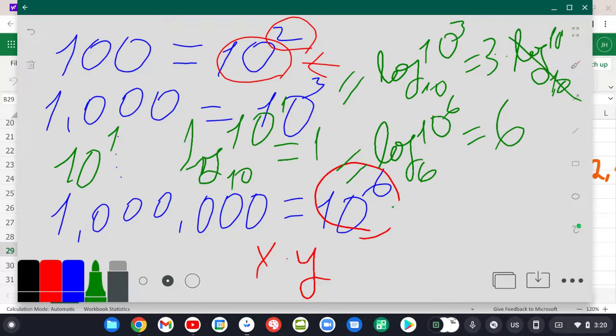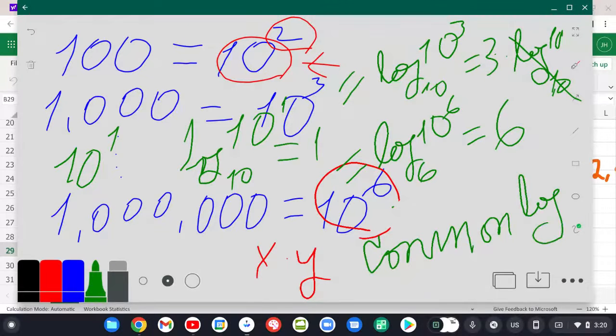Now, the examples I've given you are called common logs. And common logs are very easy to understand because everything is powers of 10. We can easily convert 100, 1,000, 1 million, 1 billion, 1 trillion into powers of 10.